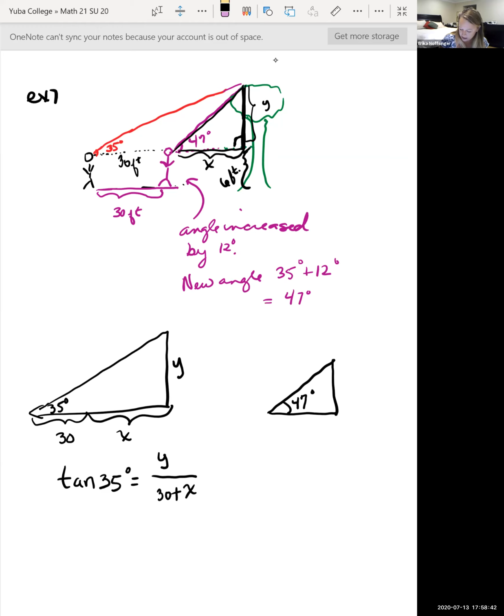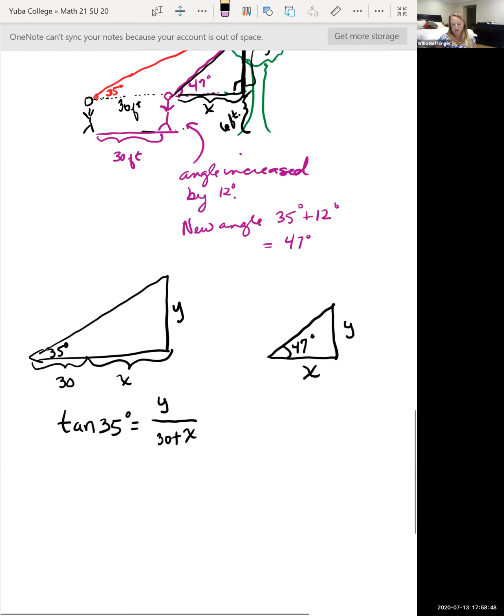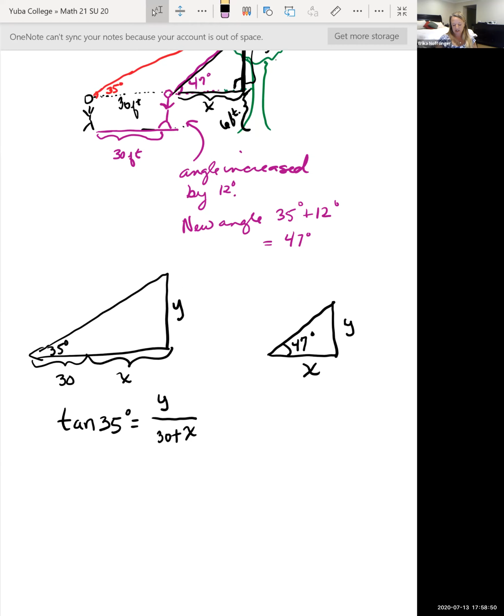This is still Y, and this is still X. Okay, so again, we can use information. So the angle that we have, we are trying to figure out opposite, and we know somewhat about adjacent. So tangent of 47 degrees is equal to Y over X.